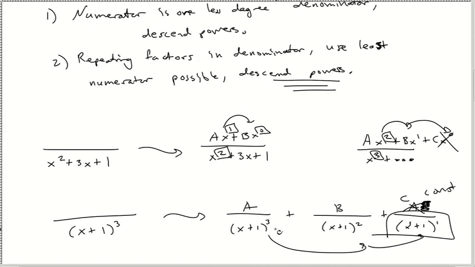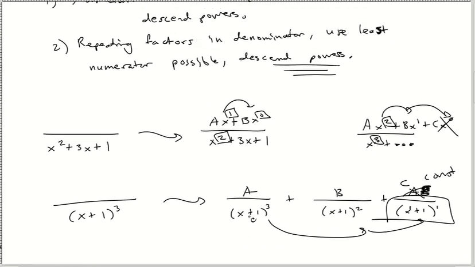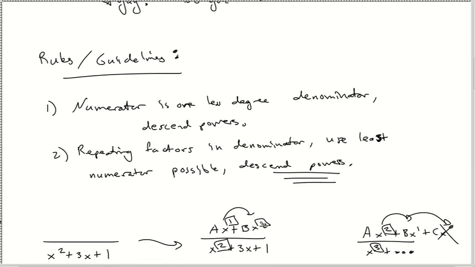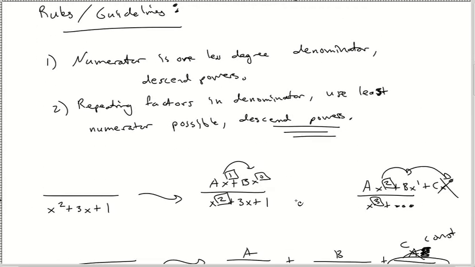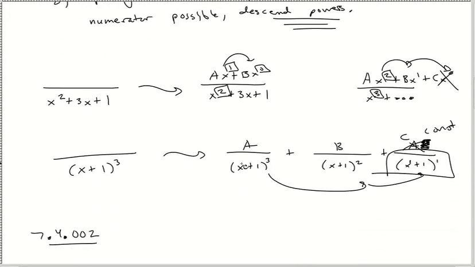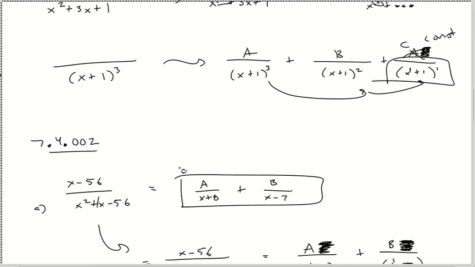A 3 goes to a 2, goes to a 1, goes to a constant, etc. Repeating factors in the denominator, again, if you have a power like a 2 or a 3 in the denominator, you need to use the easiest numerator, and you need to descend your power. So I got a 3, so that means I got a 3, a 2, and a 1. This guy would have just a plain old constant, so I go back and say, constant, constant, constant. Normally it's just a constant.